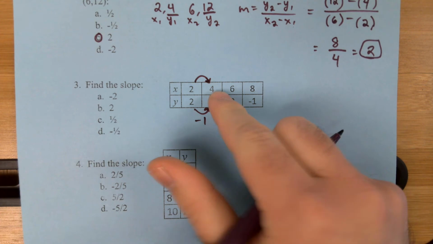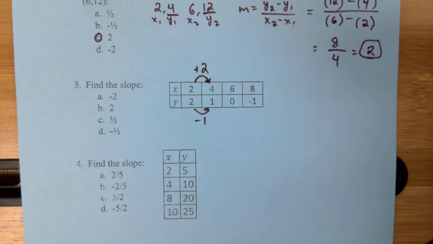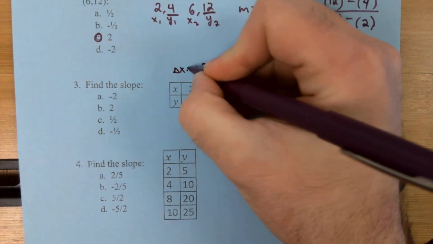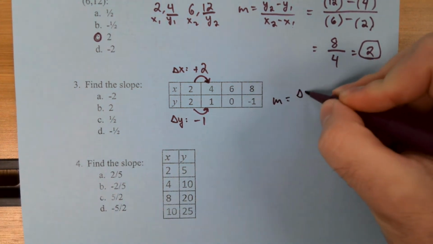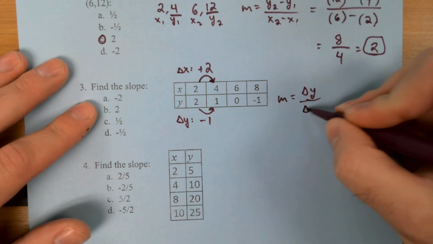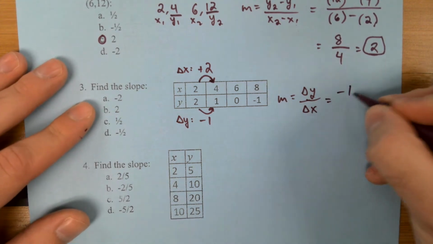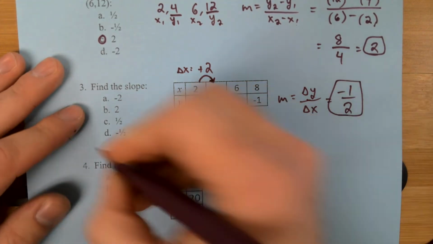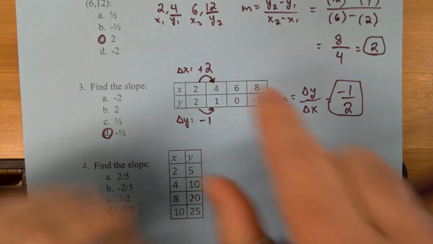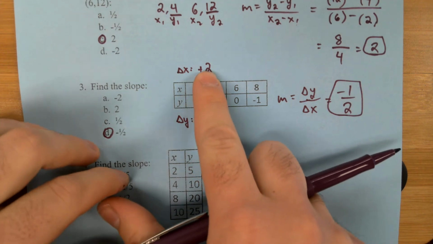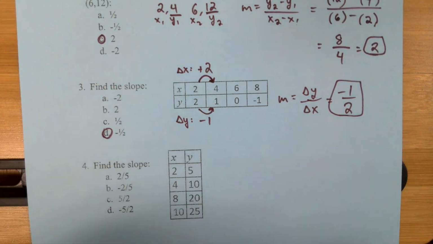And then our change in x up top is plus 2, right? So our change in y over our change in x is equal to negative 1 over 2. Answer choice D. And again, if you flip the numerator and denominator, or if you somehow messed up the negative sign here or here, you would have gotten one of these wrong answers.